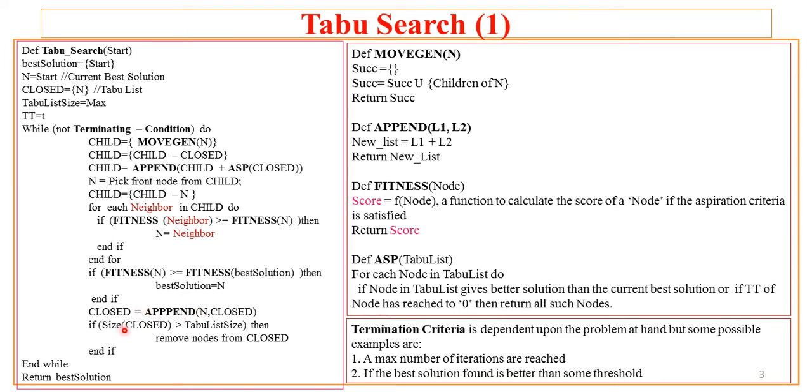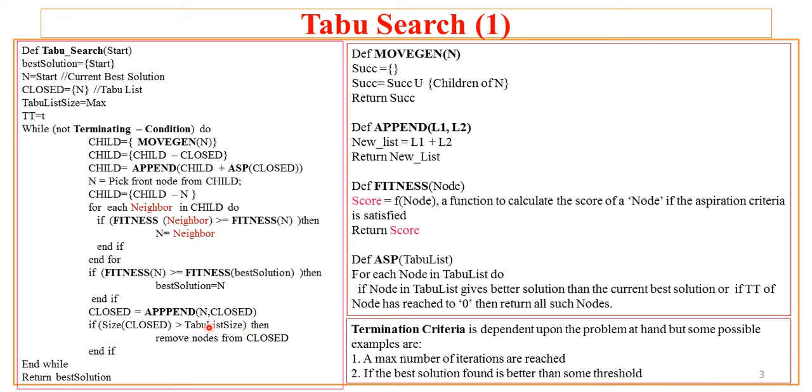Now if the size of closed is greater than the tabu list size, so here the closed list has a certain k number of elements or k number of states or moves. Otherwise the size of the closed will grow without control, and to restrict that, this step is followed.